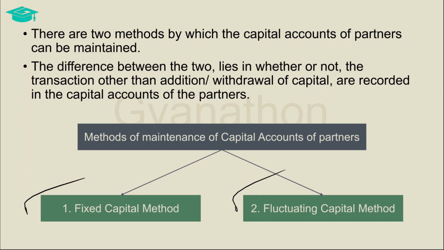So you have to see whether the transactions other than addition and withdrawal of capital, that is, drawings, interest on capital, interest on drawings, or partner's salary, are recorded in the capital account or in a separate account, in order to determine whether the capital accounts of partners are maintained by the fixed capital method or the fluctuating capital method. To understand more about these methods, let us look at the differences between them so that we can get a fair idea about how each method works.